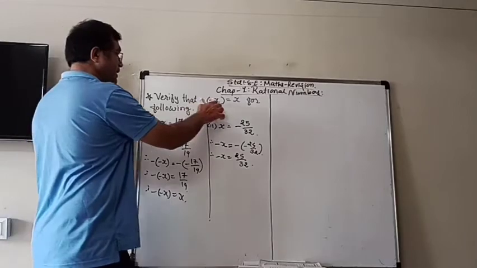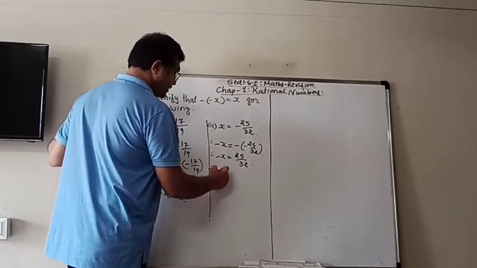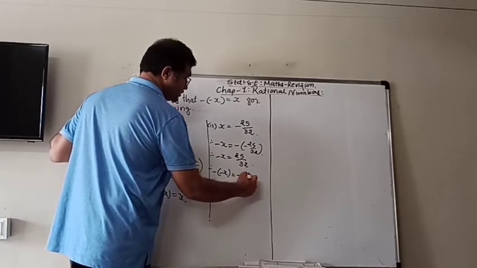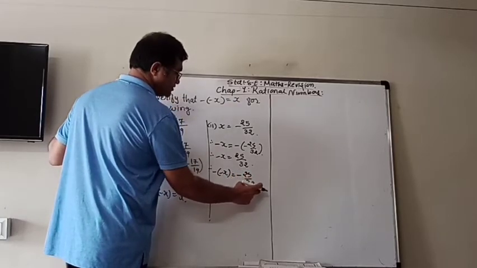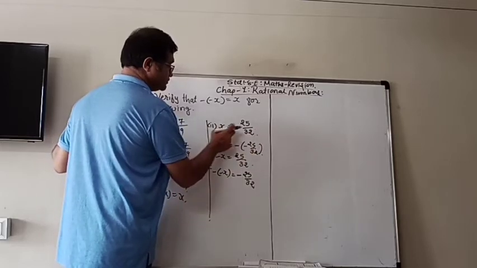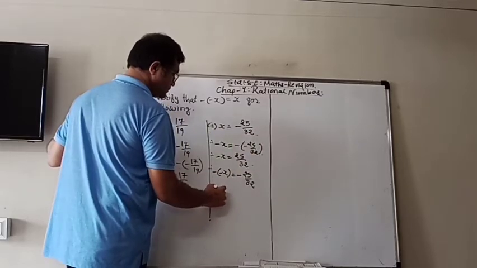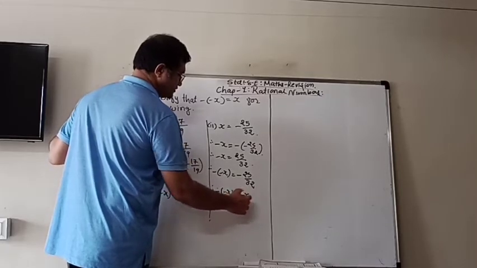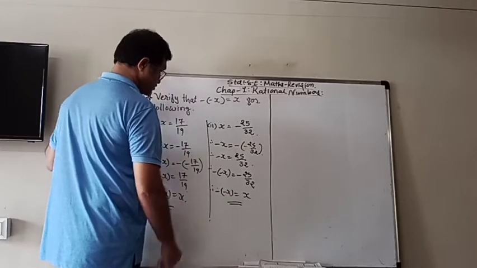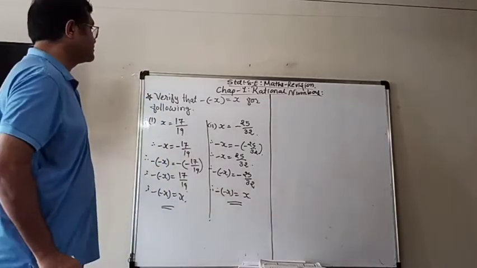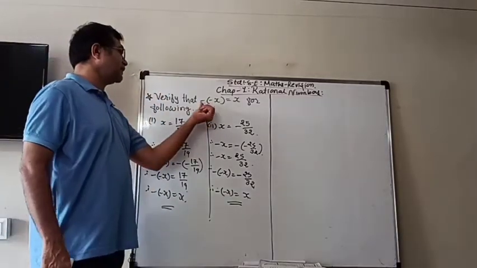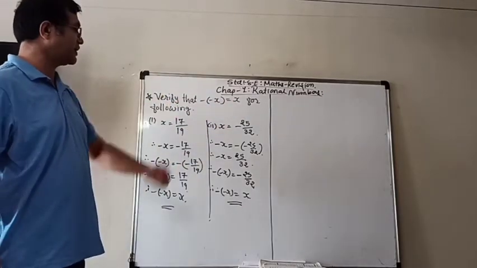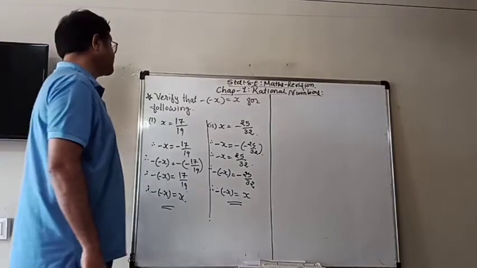But what we need is minus of minus x. Therefore negative of negative x means negative of 25 upon 32. But what is minus 25 upon 32? That is x. Therefore negative of negative x is equal to x. So in this way we can verify that negative of negative is positive, means minus of minus x is equal to x.